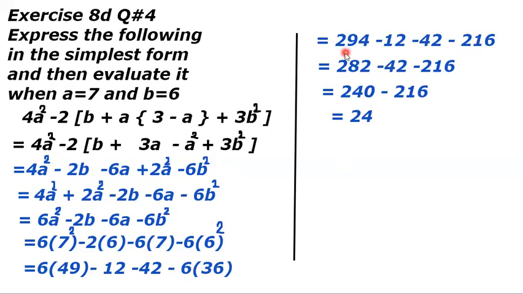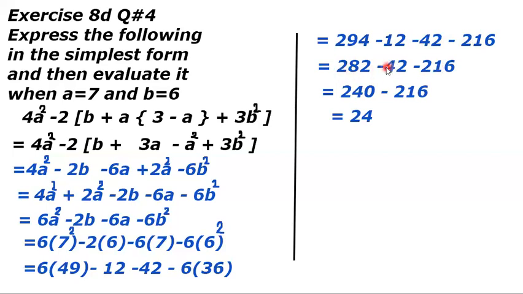Okay, now 294 is positive. 294 minus 12 gives us 282. You have to subtract 12 from 294. It will give us 282. Now negative 42 and negative 216 we will copy down.